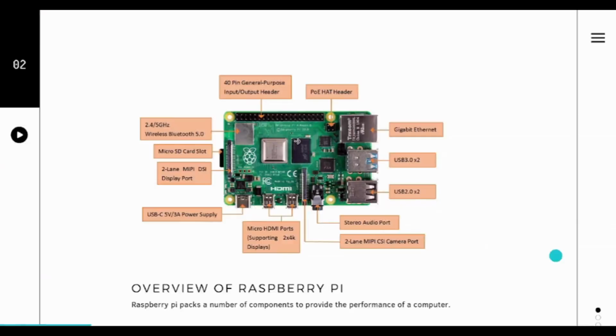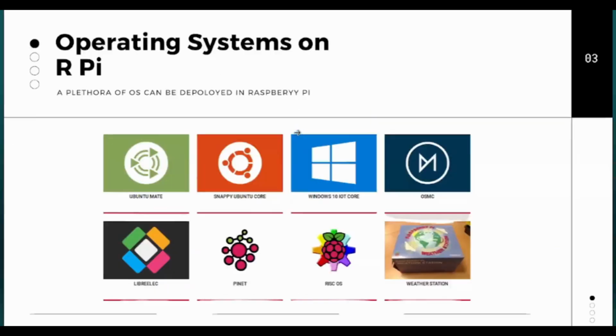Then moving on, what are the operating systems we can use on the Raspberry Pi? On a Raspberry Pi, we can use Raspberry Pi OS inherently. Apart from that, we can use a lot of other OSs based on our application.